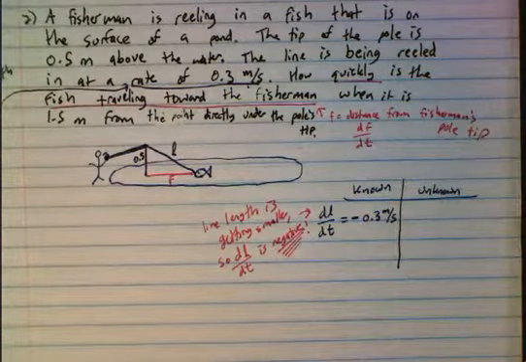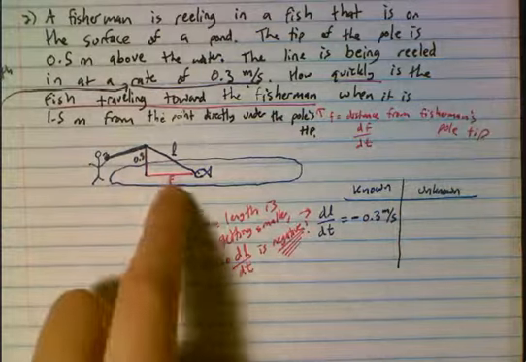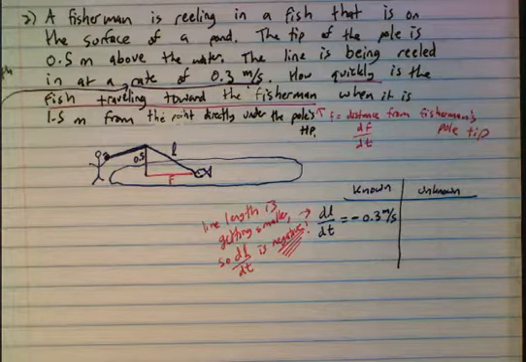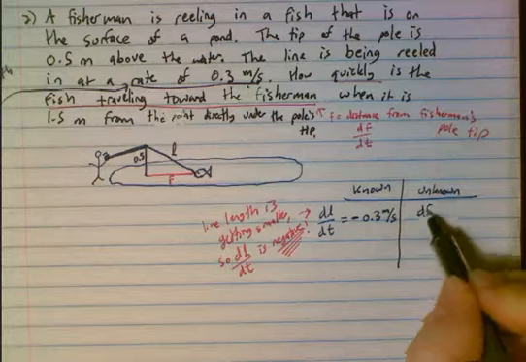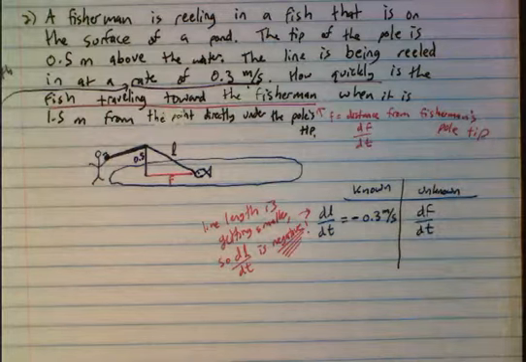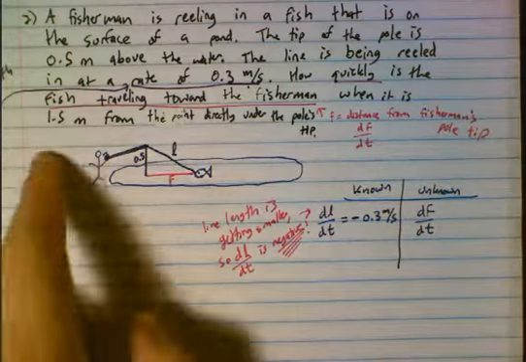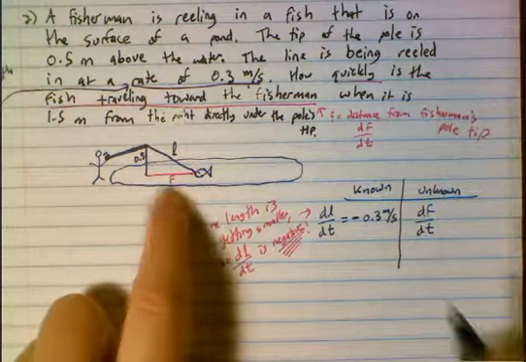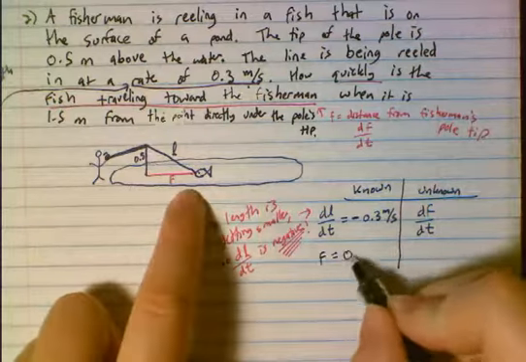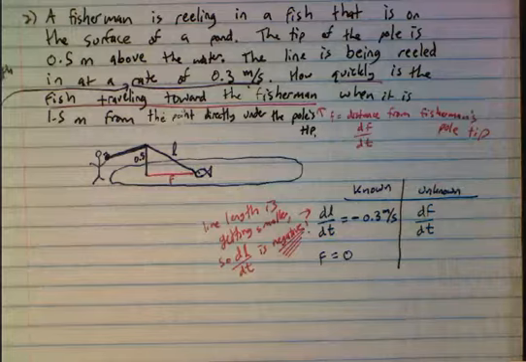That's really important because otherwise we're going to mess up our answer when we go to find the other rate. How quickly is the fish traveling toward the fisherman? So we want to know dF/dt when it is 1.5 meters from the point directly under the pole's tip. So that means we're told that F equals not 0.5, 1.5.